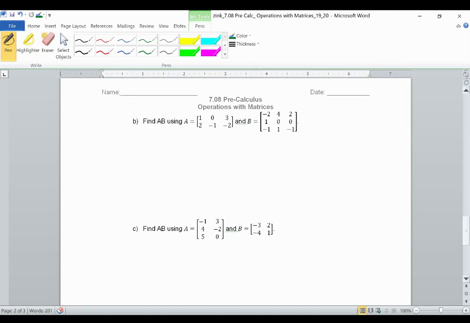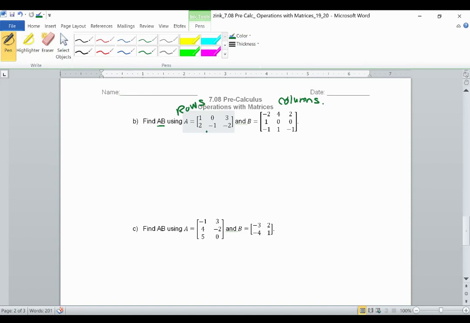Be really careful. You want to make sure that you're doing it in the exact order that they give. So we're doing A times B for this one. So I'm going to take this one, we're taking only rows, and this one we're going to be taking the columns. Okay. Now, before we actually can do it, we got to make sure it's possible.